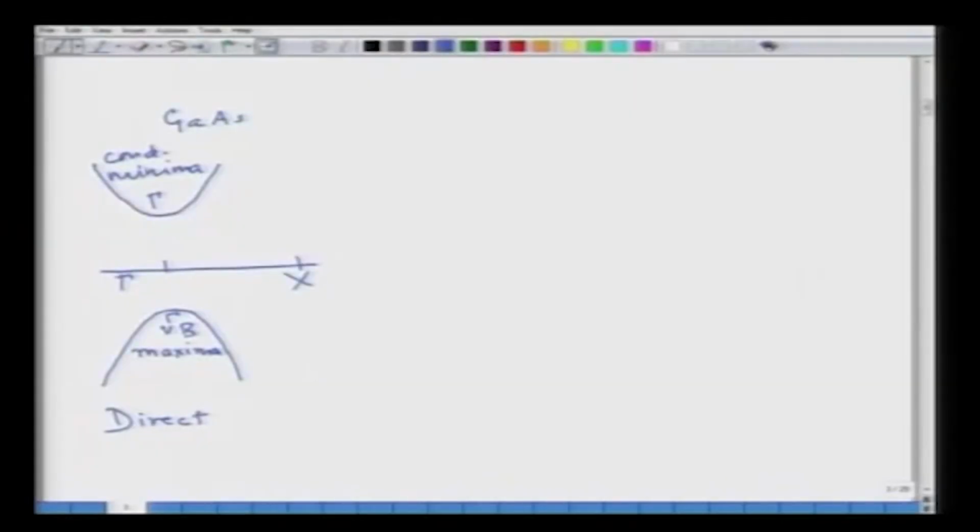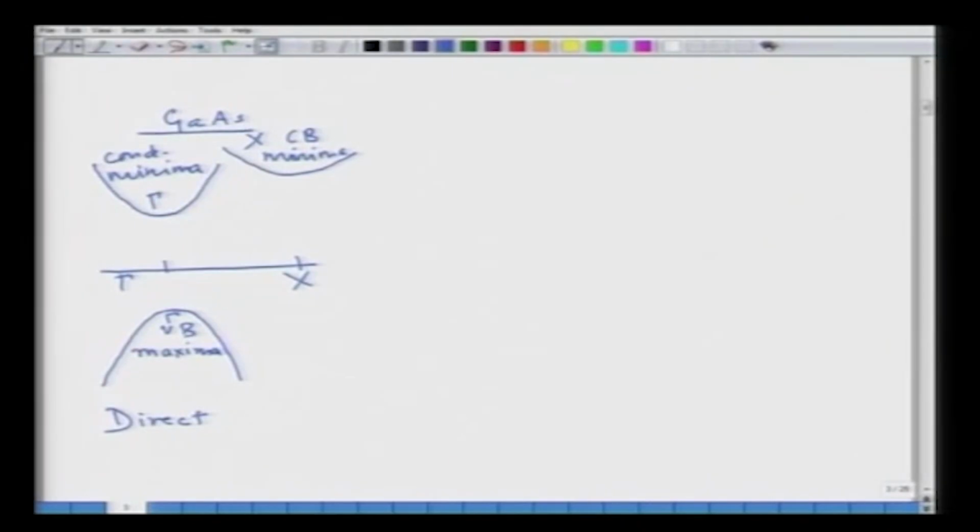But we also have another minima at the x point, which is also in the conduction band. This is another conduction band minima, and in some materials which are variants of gallium arsenide, this minima takes over and the material becomes indirect.